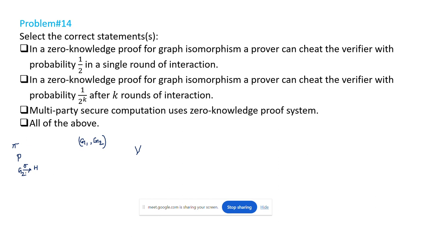Now it generates this random mapping sigma that maps G2 to the isomorphic graph H, and it commits to the verifier the graph H.